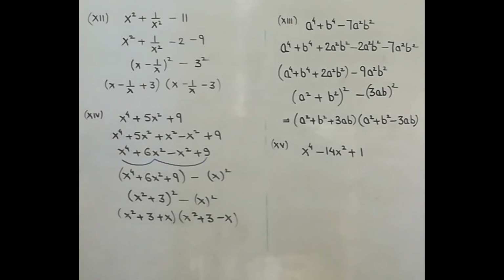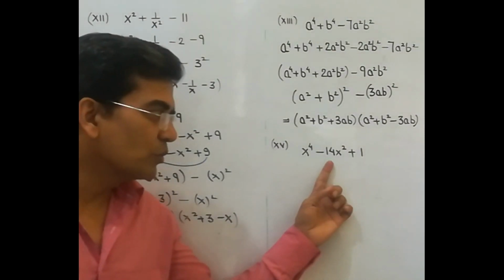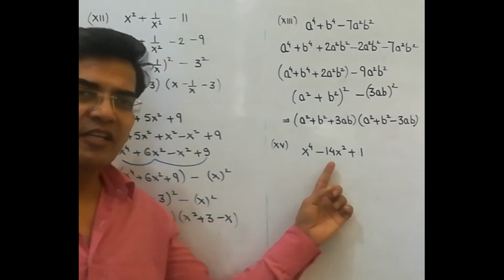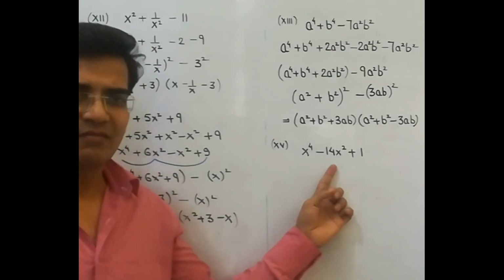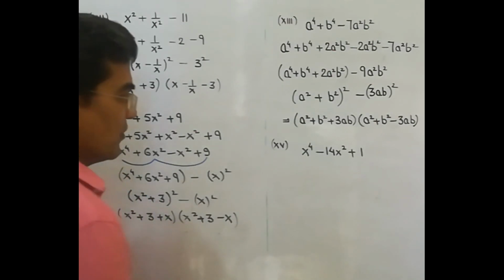Now if you see in this question, we will try to break the middle term. Now it's minus 14. Going closer to a perfect square, if it was minus 16, then it would have been a perfect square. So see, what can we do over here?